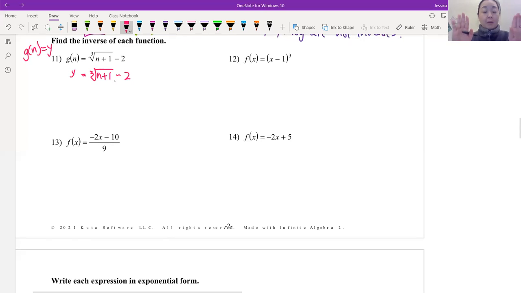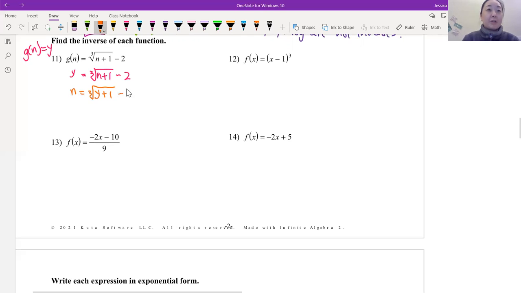Now all we're going to do, remember inverses, we're just flipping them, right? So what we're going to do is switch the n and the y. Here's the n, and we're going to replace it with the y. This is like what I talked about, Freaky Friday.